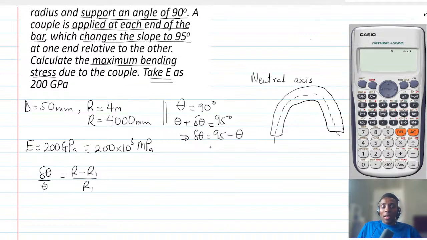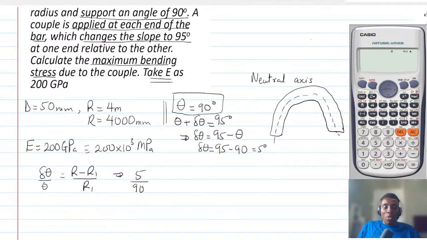But the original is what? 90. So essentially 95 minus 90 is 5 degrees. So the small change is 5 degrees. In this formula, the small change is the change in the angle between the new and the original angle.